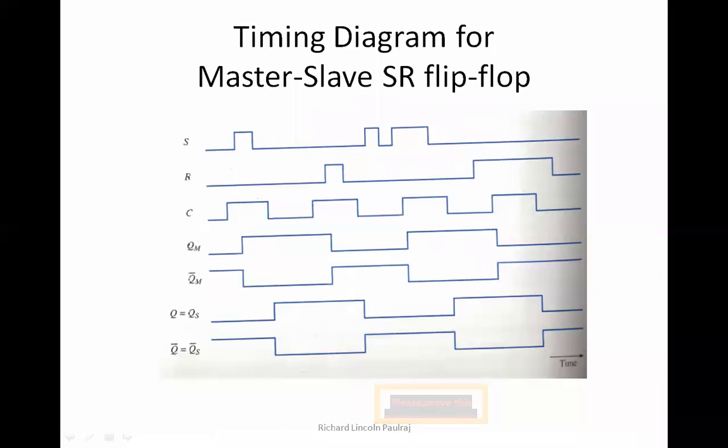So summarizing all of these, you will be able to see this timing diagram. Here you can actually put values. Here 0, 0, clock is also 0. So whatever is there in the memory, the same thing will be there. Initially let us say 0 was there, so 0 will be retained.